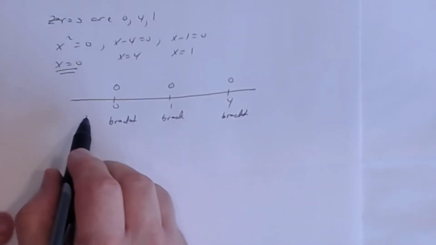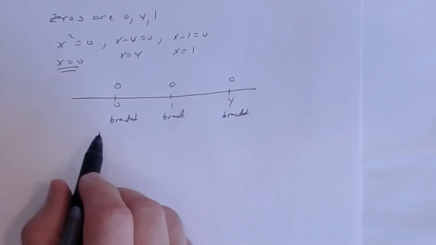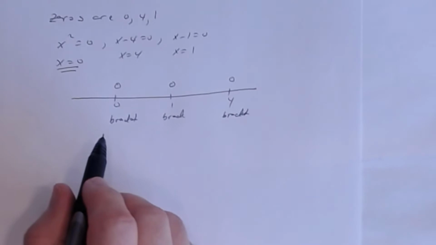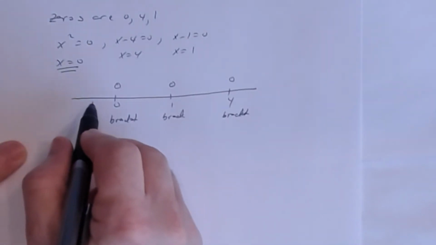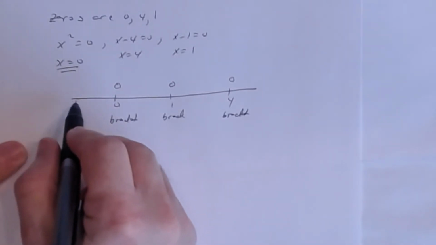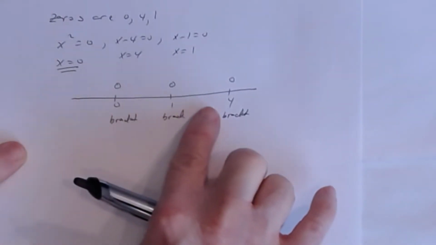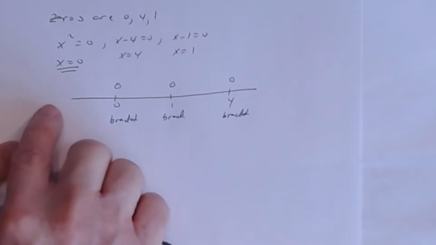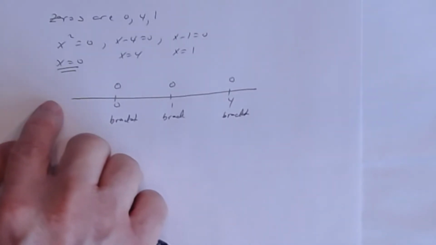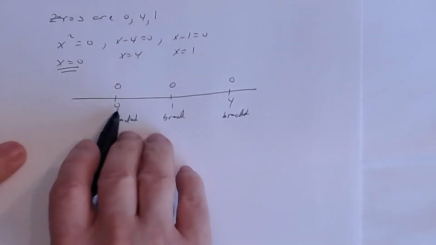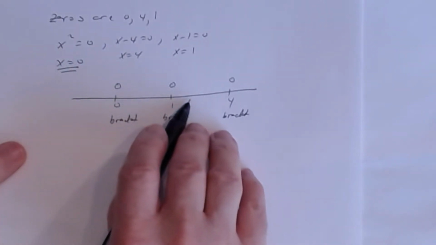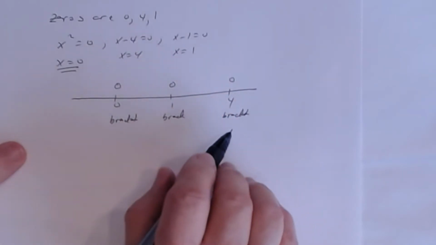So now we're going to use test points. It's always easiest to use integers in those intervals. Notice that those three zeros divided the number line into four intervals: from -infinity to 0, from 0 to 1, from 1 to 4, and from 4 to infinity.